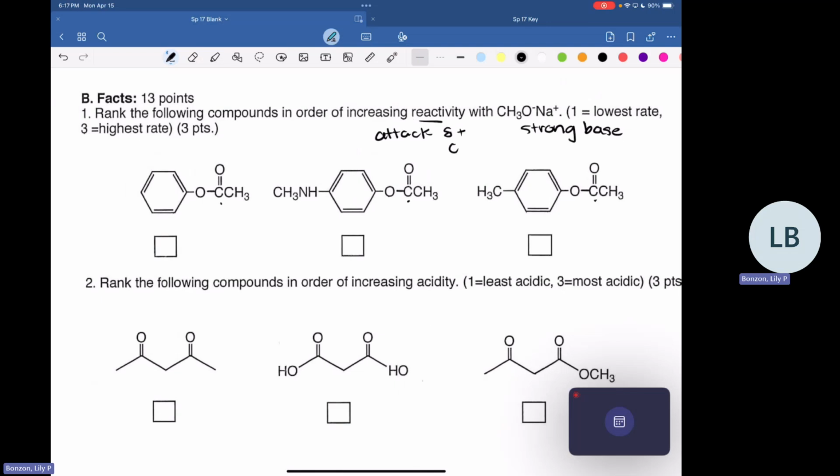When we're looking at reactivity of these compounds, the ester group on the right is the same. The only difference is what's on the benzene ring. We've got nothing, we've got an amine, and then we've got a CH3 group. This goes back to the aromaticity from the last chapter and the last test.